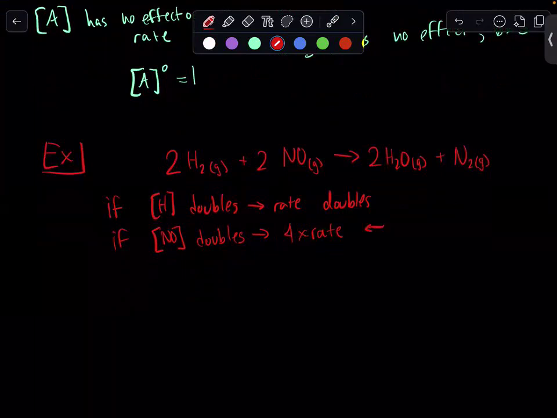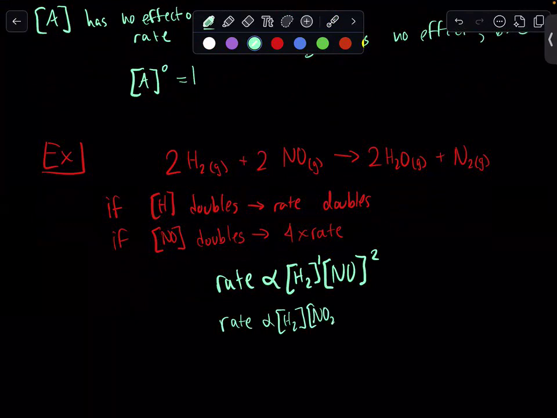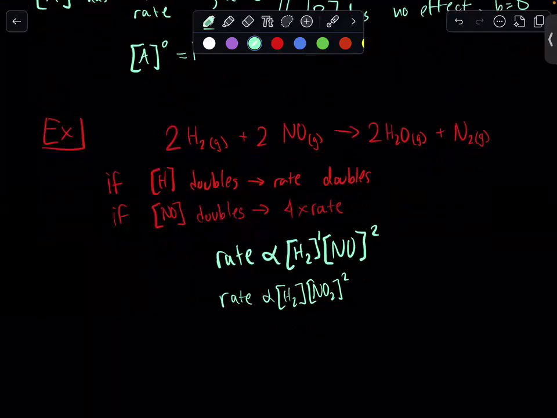Well, in this case, we know that rate is proportional to the concentration of hydrogen to the first power and the concentration of nitrogen monoxide to the second power, because we have a squared proportionality here, while we have a direct proportionality here, and we would just simplify that to rate is proportional to concentration of H2 times concentration of nitrogen monoxide squared. Sorry, making a whole bunch of mistakes.